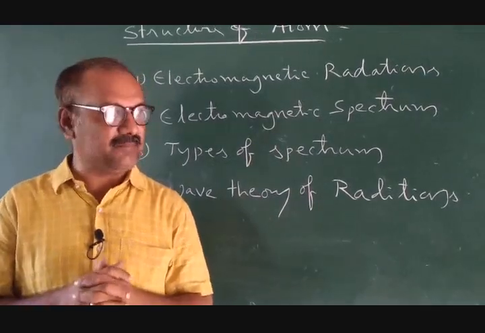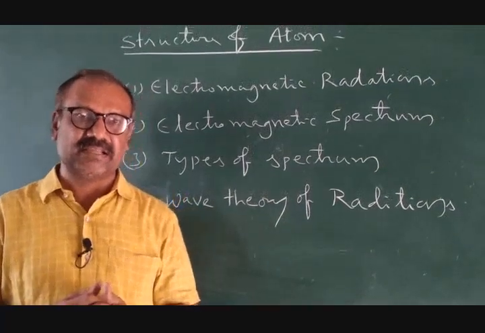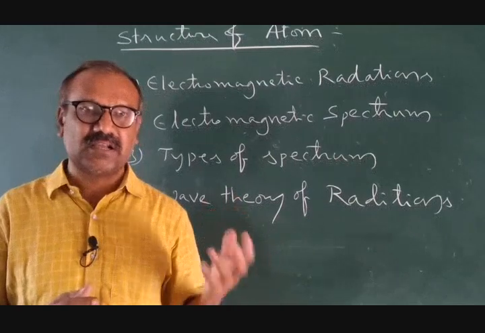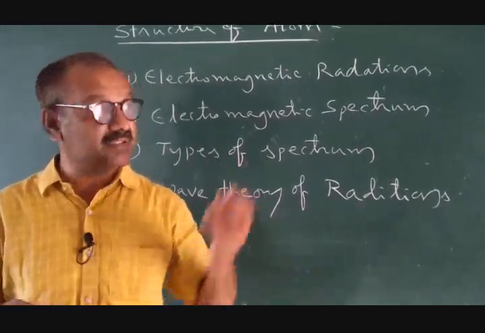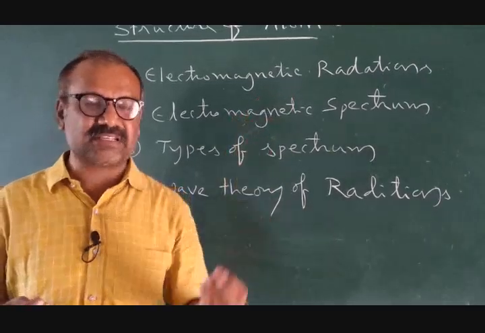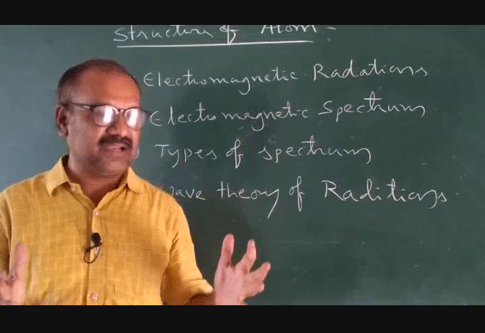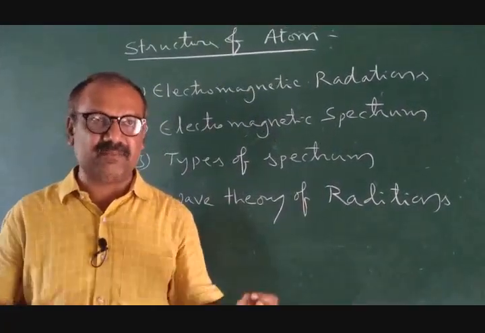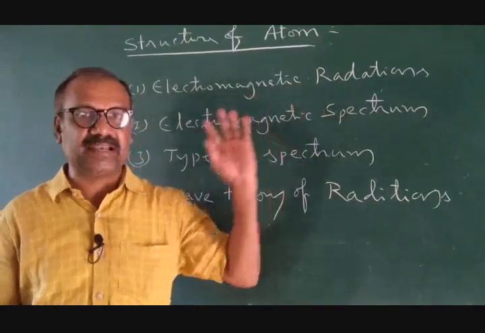For example, all light radiations are electromagnetic radiations: TV rays, radio rays, cosmic rays, microwaves, all types of radiations. The light which comes from sunlight and tube light, and when a substance is burnt, the light coming from a candle, all these are considered as electromagnetic radiations.